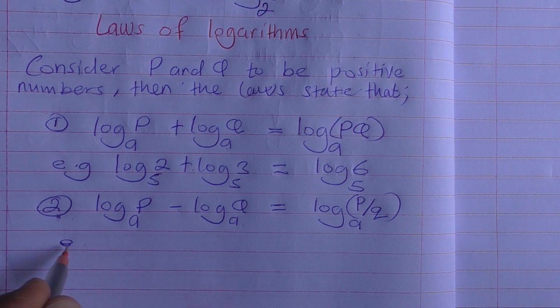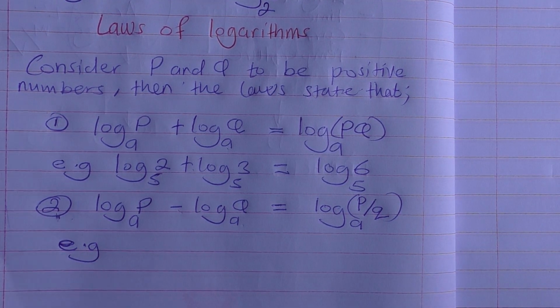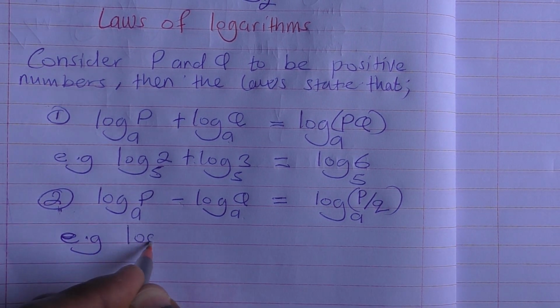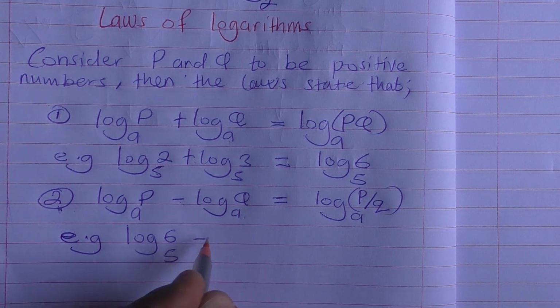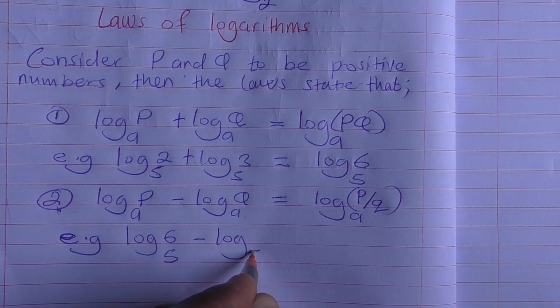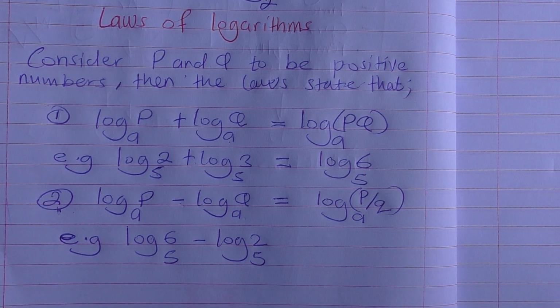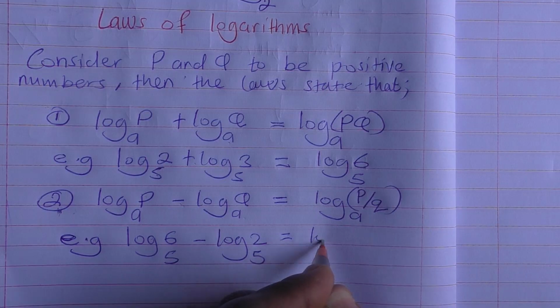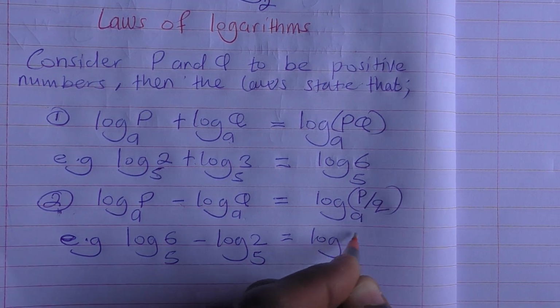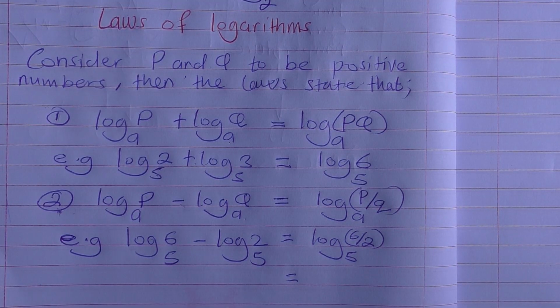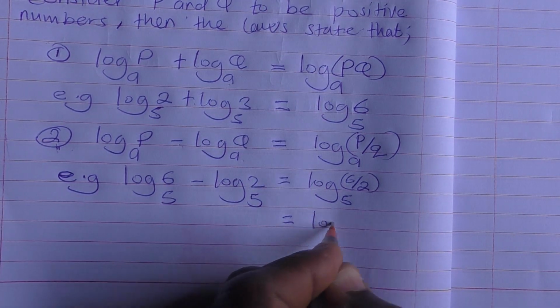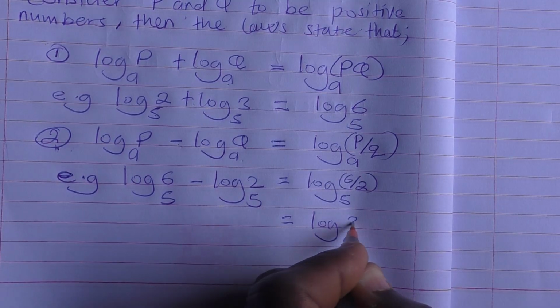E.g., we may have log of 5 6 minus log of 5 2, which will give us log of 5 6 over 2, hence giving us log of 5 3.